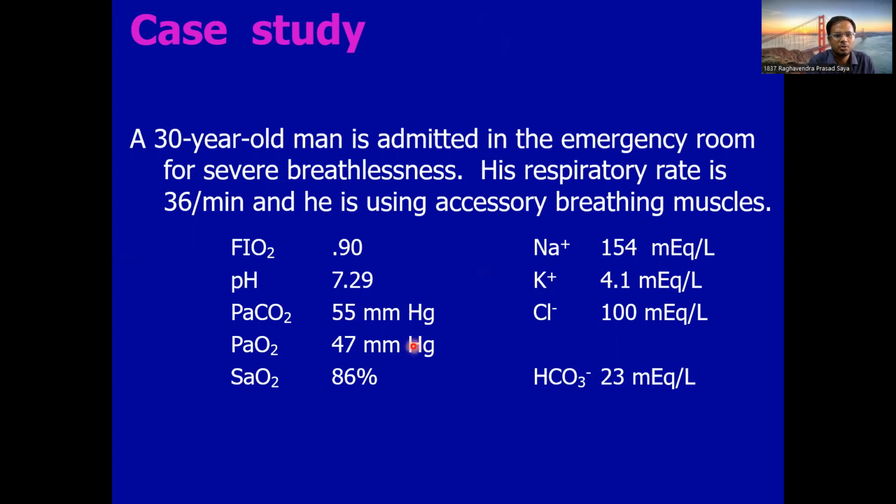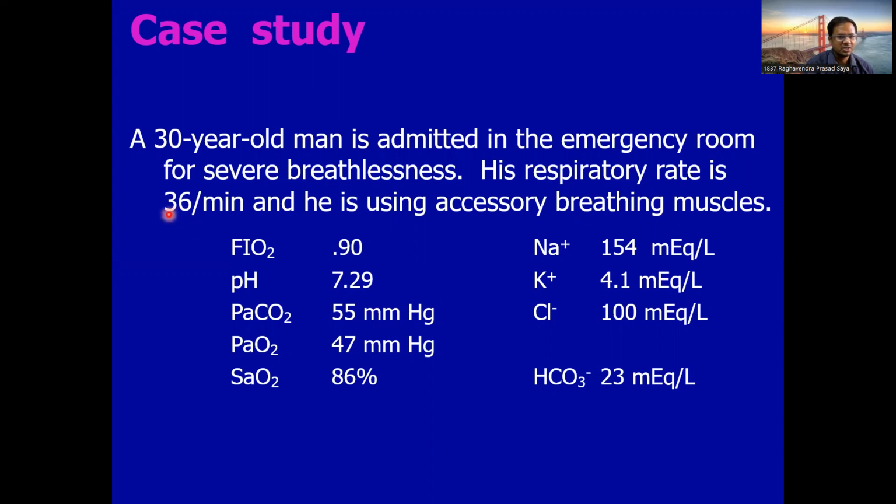So next, coming to step 2, that is ventilation. In this ventilation, the patient's PCO2 is 55 millimeter of mercury, that is more than 45 millimeter of mercury, the upper limit of normal. That means patient is hypoventilating. So that means patient is having a respiratory acidosis. Here patient's respiratory rate is 36 per minute, and also he is using accessory breathing muscles.